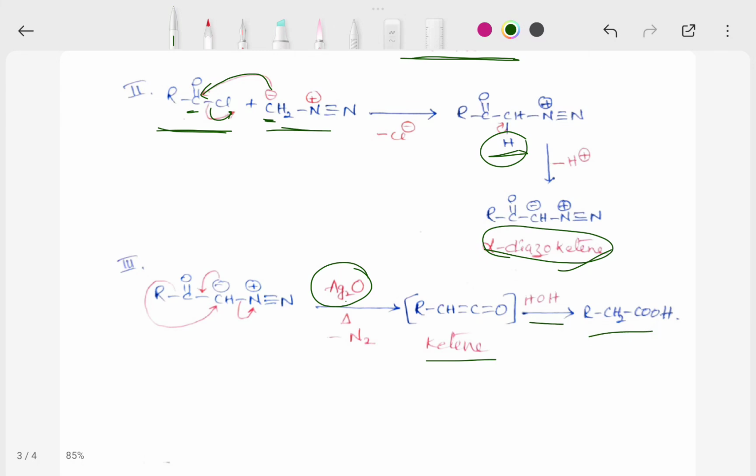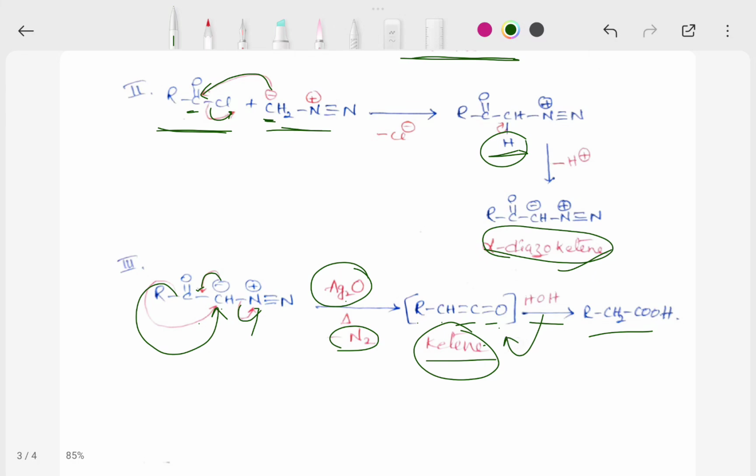Here the alpha diazoketone rearranges: the negative charge donates electrons to the C double bond O carbon, the alkyl group rearranges to attach to the CH carbon, and loss of nitrogen takes place, giving the ketene, CH double bond C double bond O.